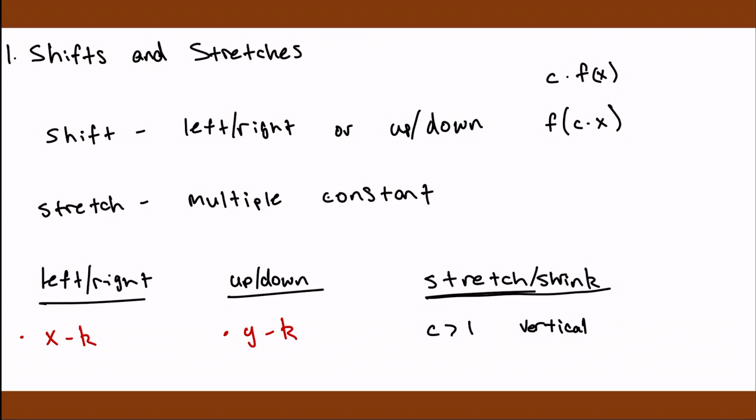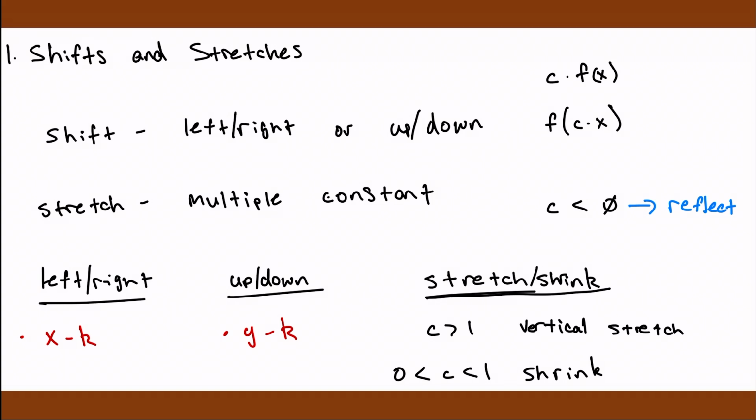Remember, this is a review, so we're not going too in-depth here. This would be a few videos maybe for a pre-calculus course. But if c is between 0 and 1, this is a shrink, a vertical shrink. And if c is less than 0, if c is negative, it's also going to flip or reflect it, okay? So we want to remember that. Typically across the x-axis, in addition to any shrinking or stretching based on the factor.